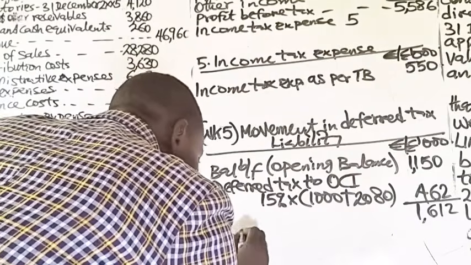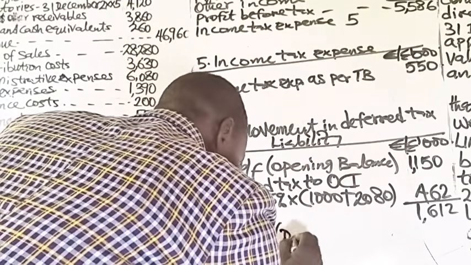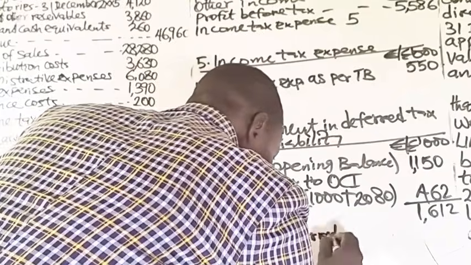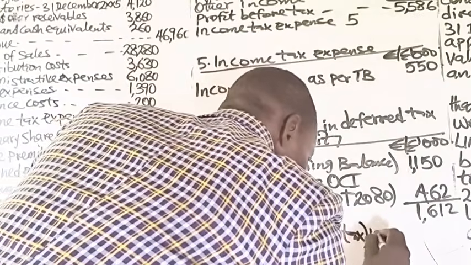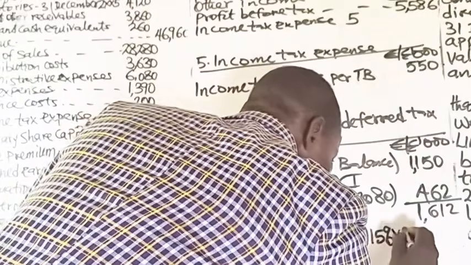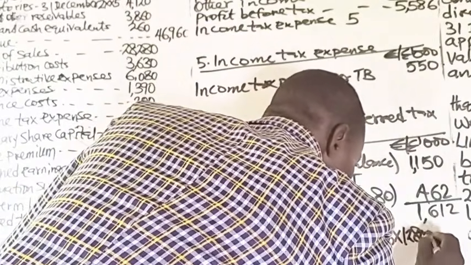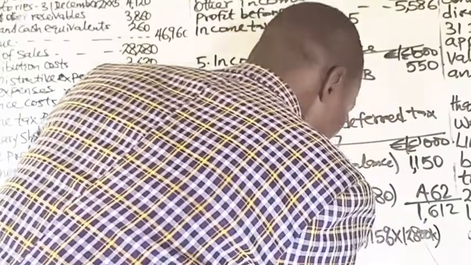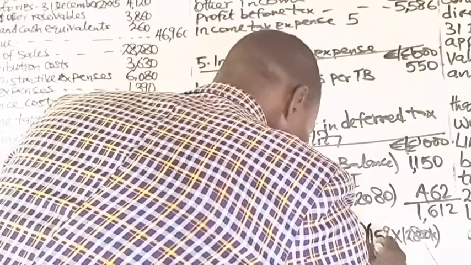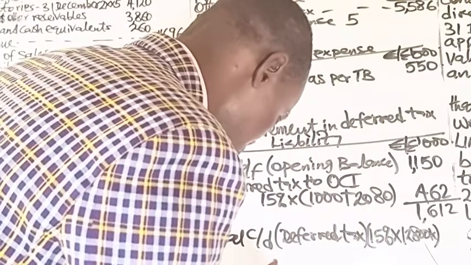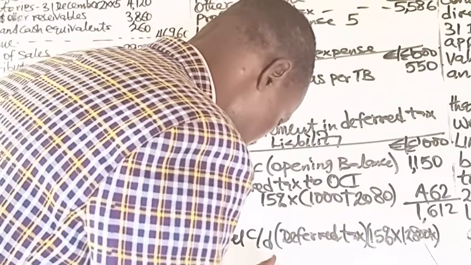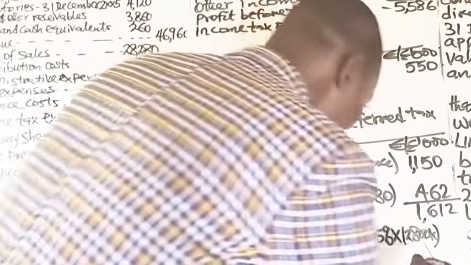Balance carried down, that is your deferred tax, 15% of 12.8 million. That gives us 1,920,000.